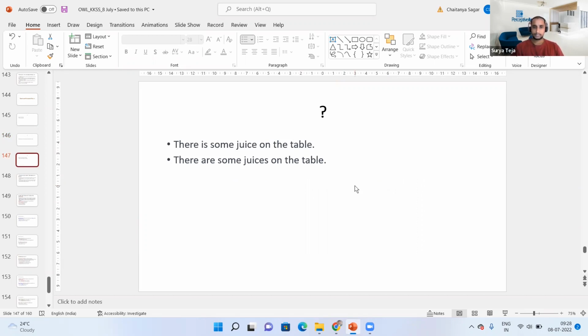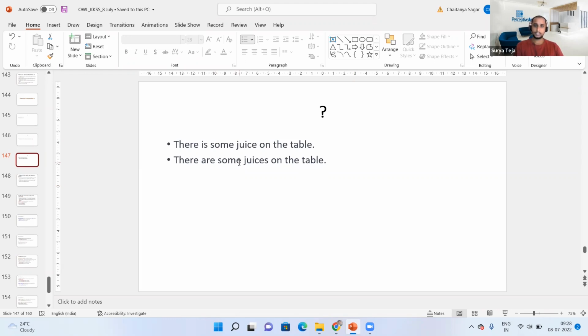There is some juice. Some is an adjective. It is talking about the noun. If you see in the first sentence, there is some juice on the table. Juice is not a measurable thing, unless you pour it in a glass and say 5 glasses of juice or something like that. So in this case, juice is an uncountable noun because we haven't said it in terms of units. So some is the correct word here.